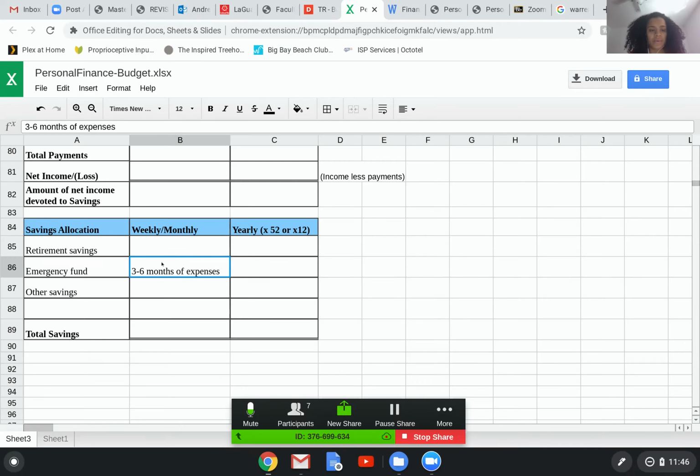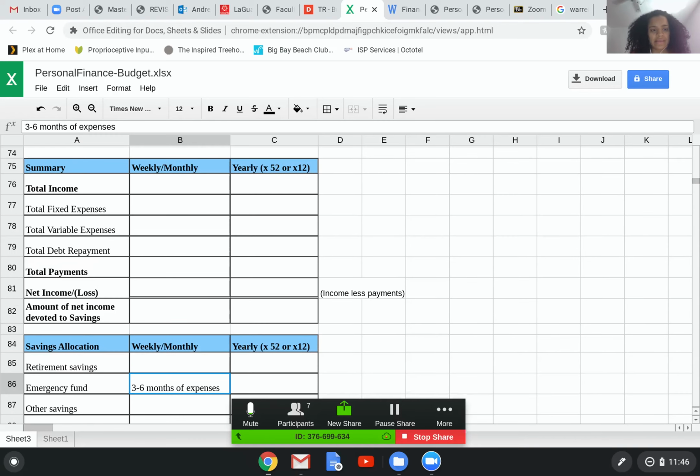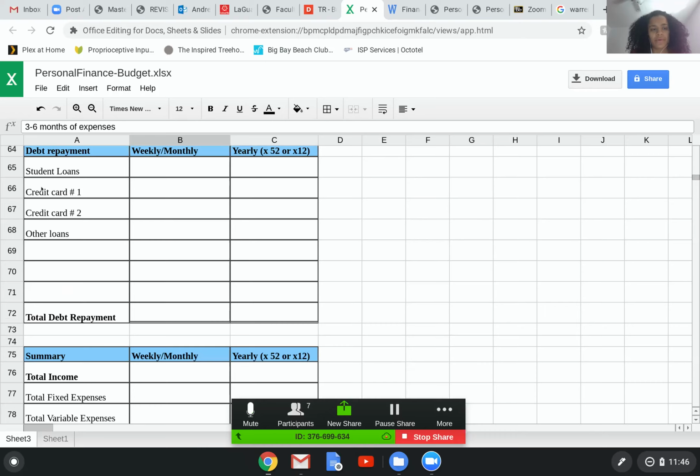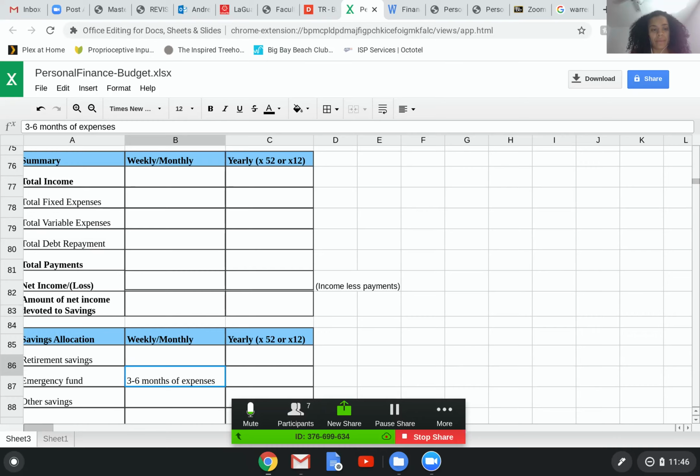And then after you build up your emergency fund, you want to be thinking about other savings or investing. If you are still in a debt situation, which is totally normal for many people, you might be concerned about, do I pay off my credit cards, or do I make an emergency fund?